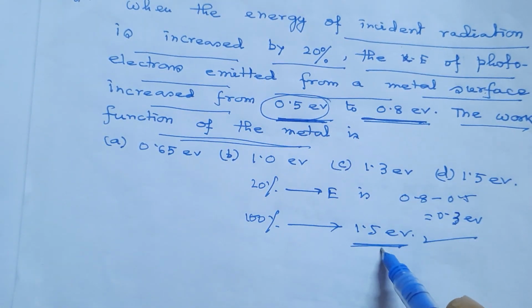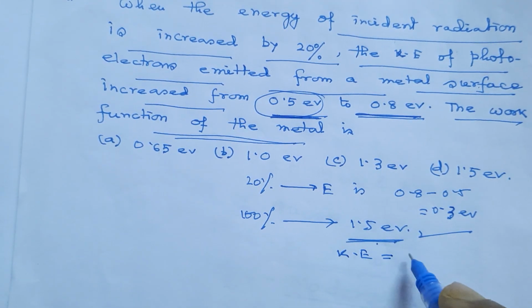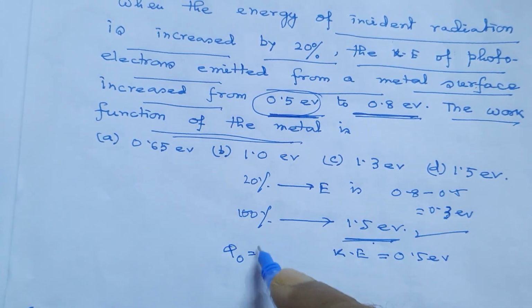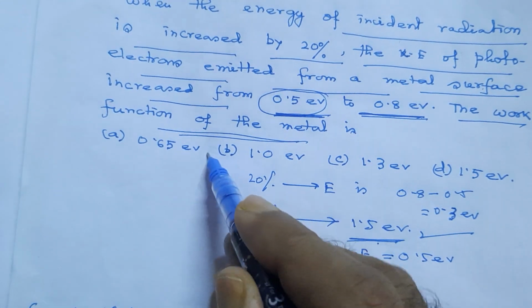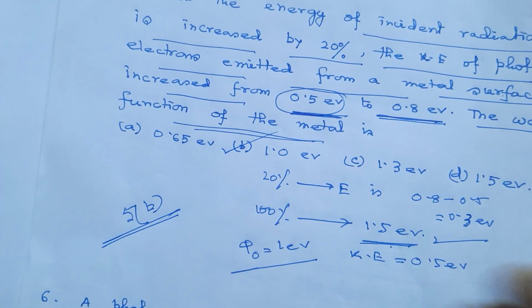So the work function is the rest portion. Maximum kinetic energy of the photoelectron is 0.5 eV. So phi 0, that is work function, is 1 eV. So the answer is B. So the answer to the question number 5 is B.